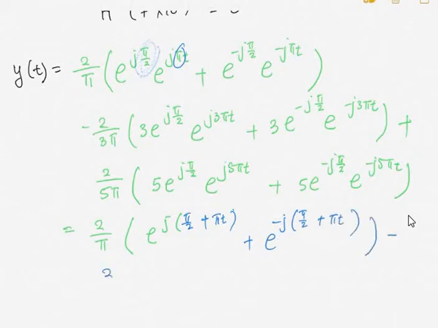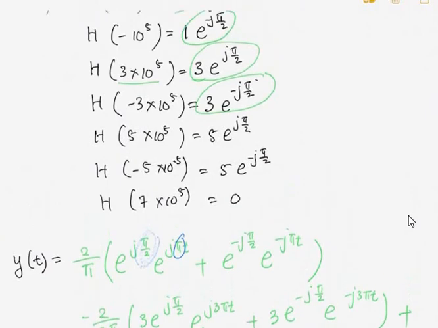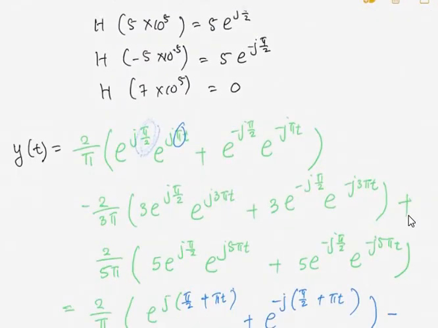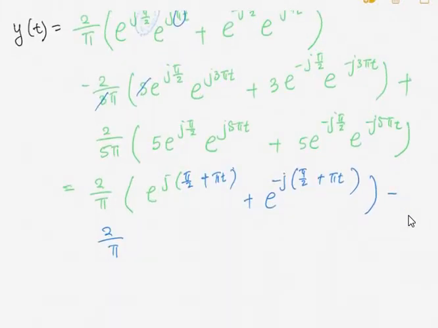Then minus with 2 over pi, this one cancel out, you get 2 over pi exponent j pi over 2 plus 3 pi t, plus with exponent minus j pi over 2 plus 3 pi t.